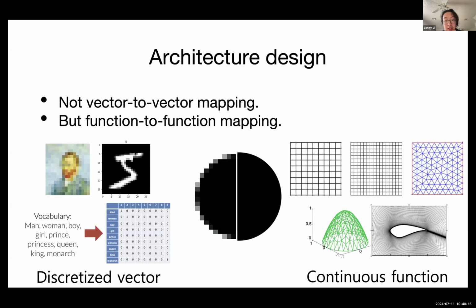So one consideration is to have general discretization-free models, or what we call resolution independence, discretization convergence, models that can be applied to a wide class of discretizations, tailored to the functions, not to the vectors.